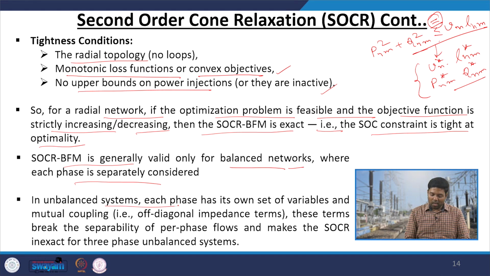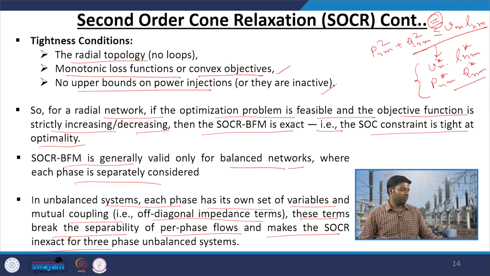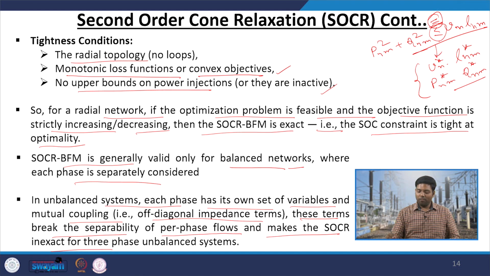For an unbalanced system, each phase has its own set of variables and mutual coupling, that is the off-diagonal impedance terms. These terms break the separability of per-phase flows and make the SOCP relaxation inexact for a 3-phase unbalanced system.